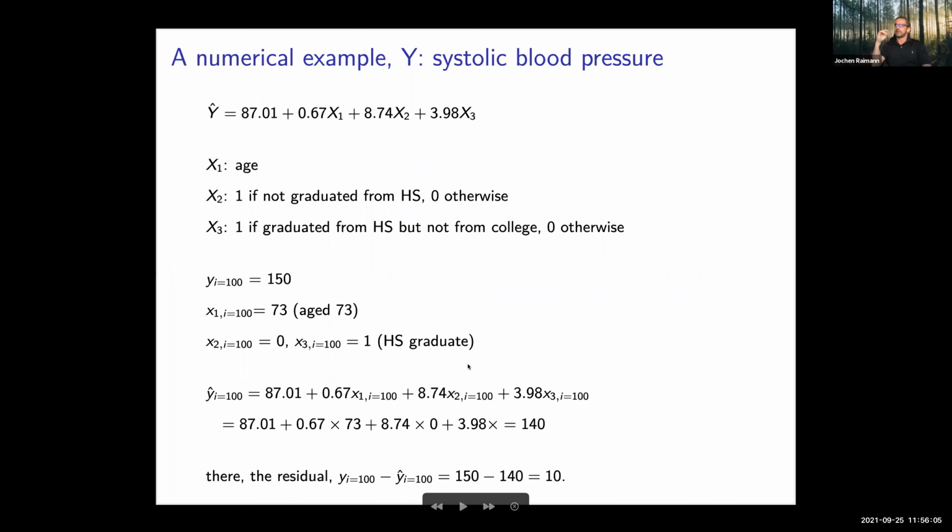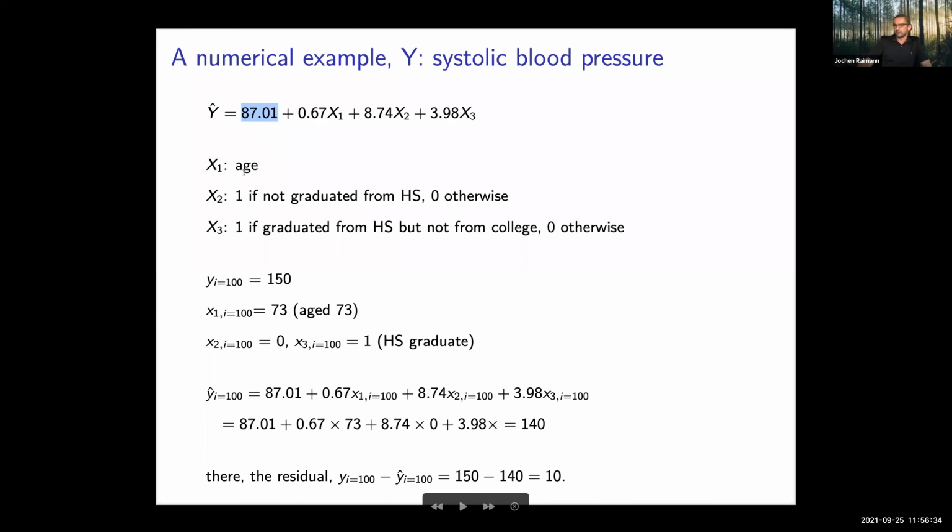As a numerical example, you got to look at this again with the blood pressure. We essentially go back to our individual. So now you can essentially calculate the residuals easily by hand. And this is something that will definitely be important for both homework and exam.